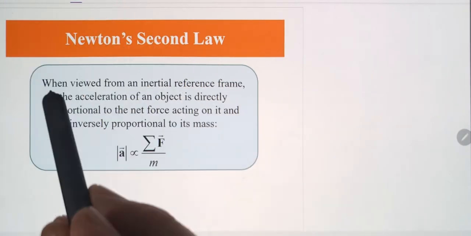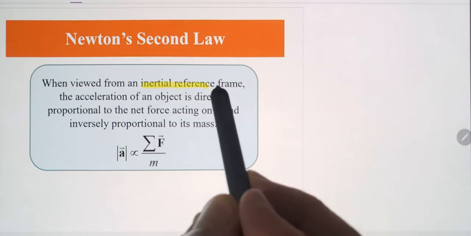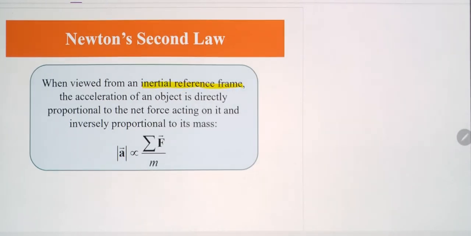Again, look, when viewed from an inertial reference frame, meaning your frame of reference acceleration must be equal to 0. You are allowed to accelerate within your frame of reference, no problem, but the frame of reference itself has 0 acceleration.